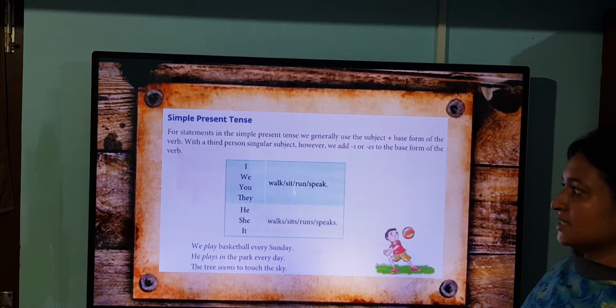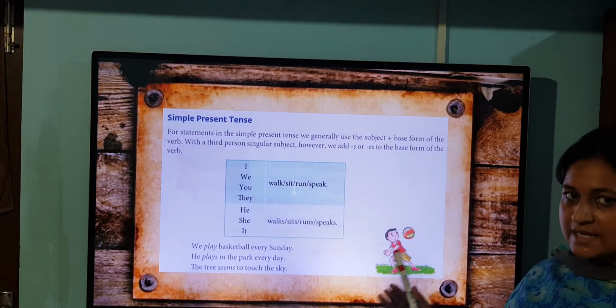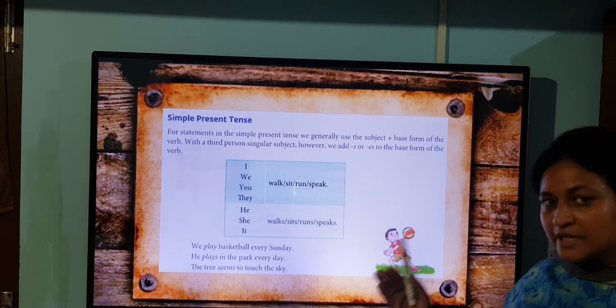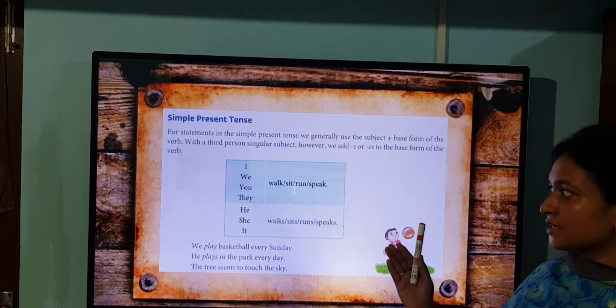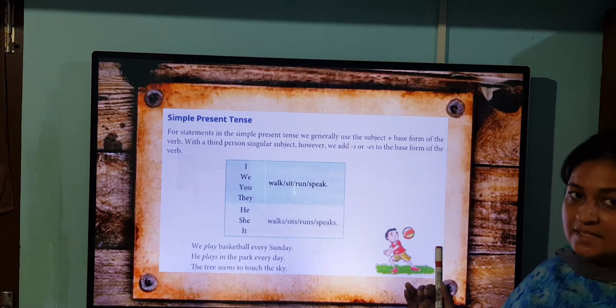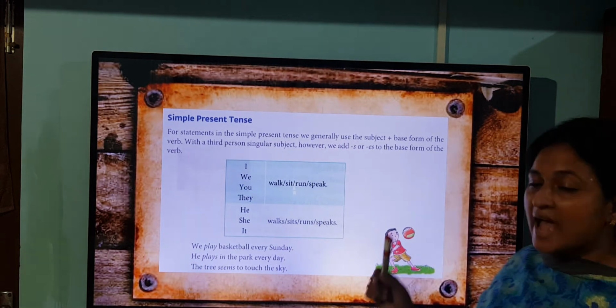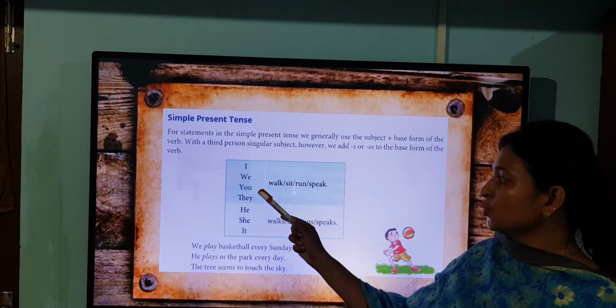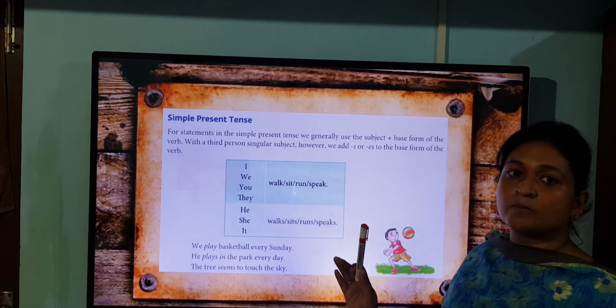Now simple present tense. Okay, now let's take simple present tense. Other tenses we will go into in detail, but right now we will be elaborating on what simple present tense is all about. As I have told in the beginning, when we have I, we, you, they, it is the base form of the verb.